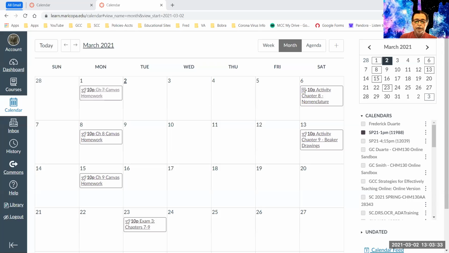Let's take a look at first our calendar. Again, I always look at this periodically because I want to make sure everybody understands where we're at. You can see now the assignments are pretty much spreading out compared to early on, when we were kind of filled up with assignments.